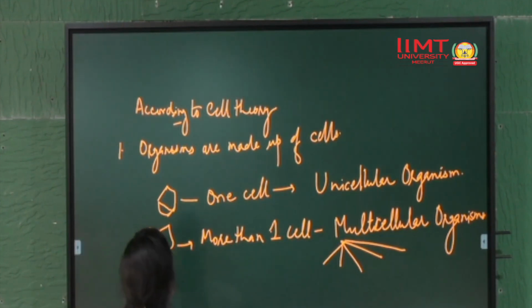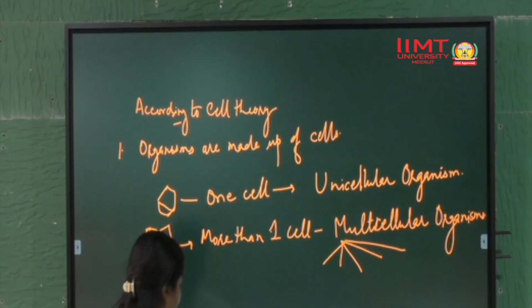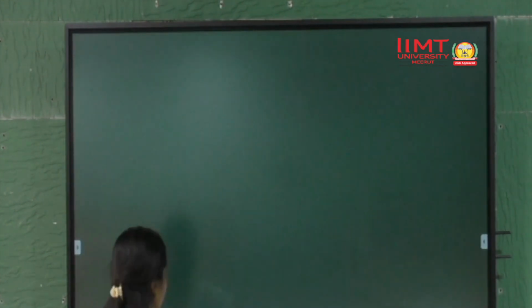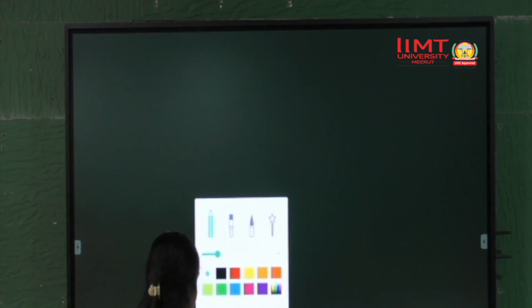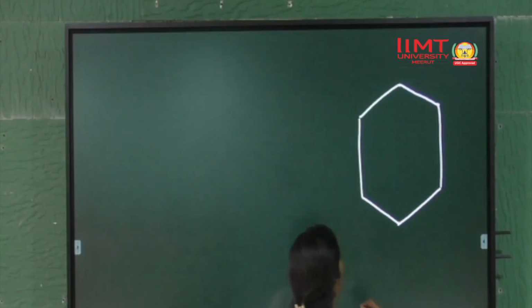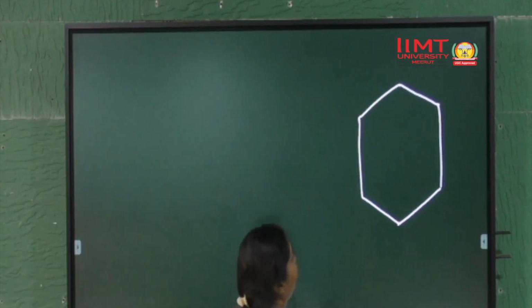So prior to discussing the organizational level, we will discuss the cell structure first. The cell was discovered by Robert Hooke, as we know, and we also studied it in our last lecture.